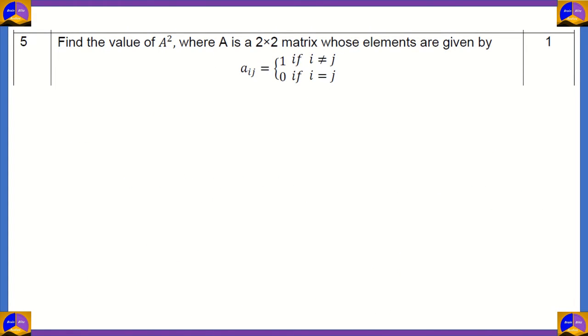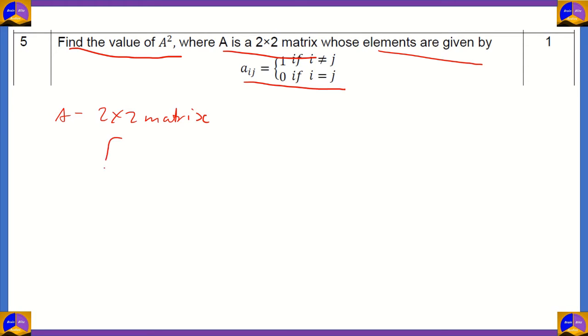Now let's look at the fifth question of the sample paper. We need to find the value of A squared, where A is a 2 by 2 matrix. The elements are given by aij equals 1 if i not equal to j, and 0 if i is equal to j. So first clue is that A is a 2 by 2 matrix.